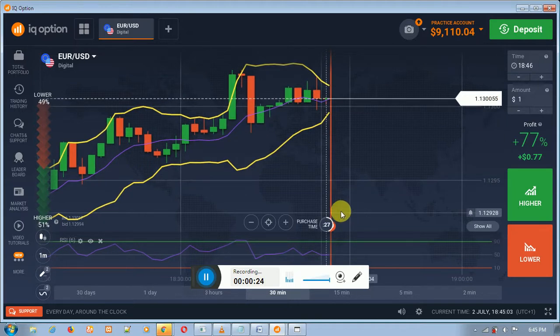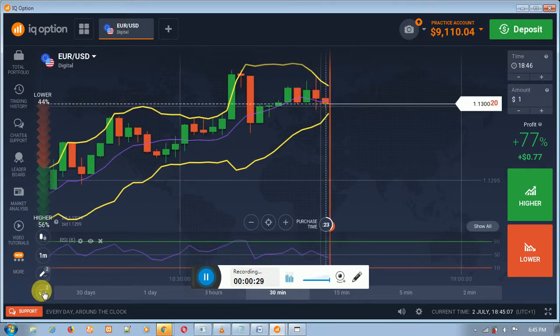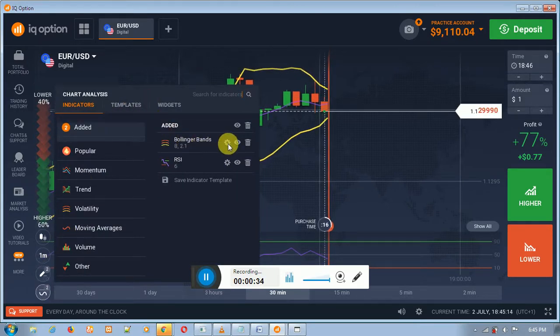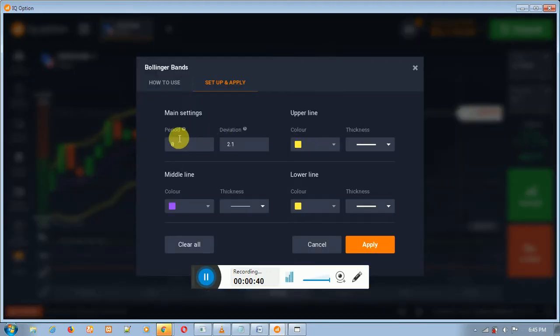So I'm going to go to my indicator. You can see I've added Bollinger Band, but I'm going to show you the setting. Here I set my period to be 8. My mean deviation here is 2.1, and of course I made the upper line yellow, I made the lower line yellow, and I make it very thick so that they will be very visible.